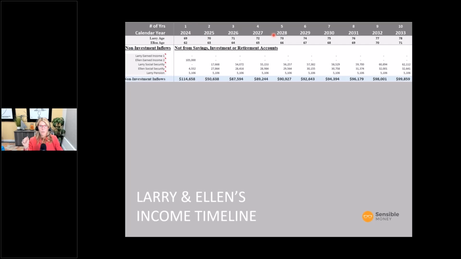So you see this Social Security amount going up each year. On the pension, you see that it's fixed because this pension didn't have a COLA. It would be exactly the same way. If there was a COLA, if it was 1% or 3%, whatever it was, we would apply it to the pension. And if there wasn't, then we don't apply it.